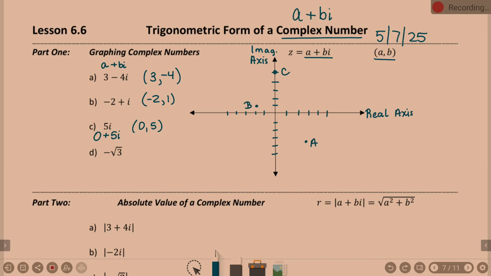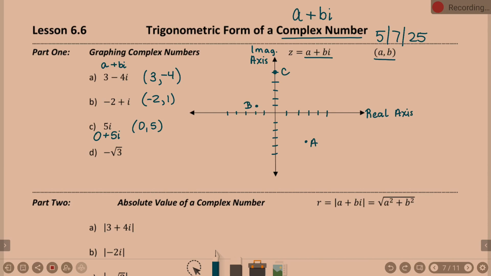And what about point D? Negative square root of 3. Yep.